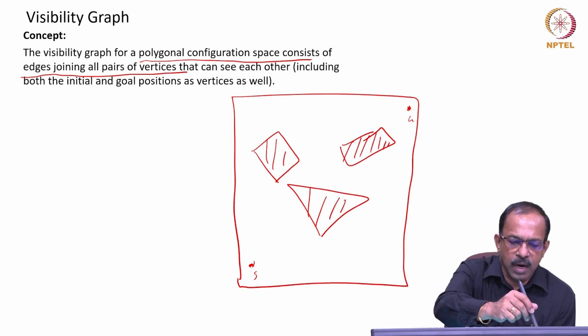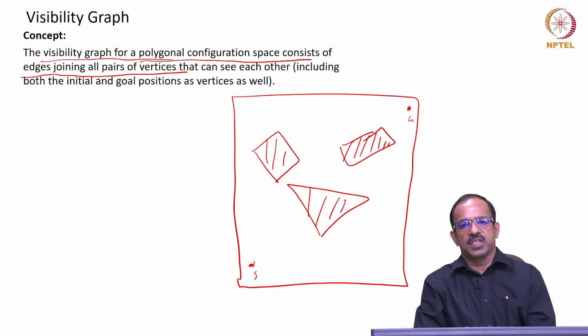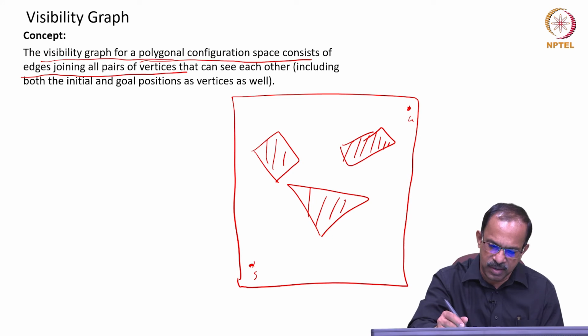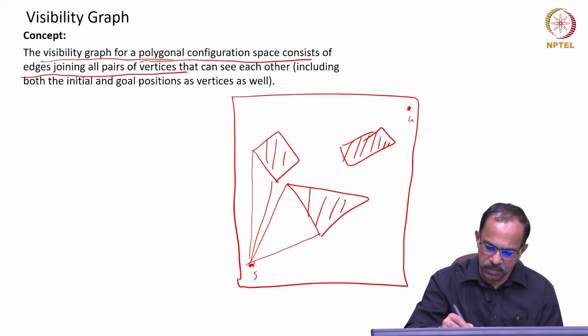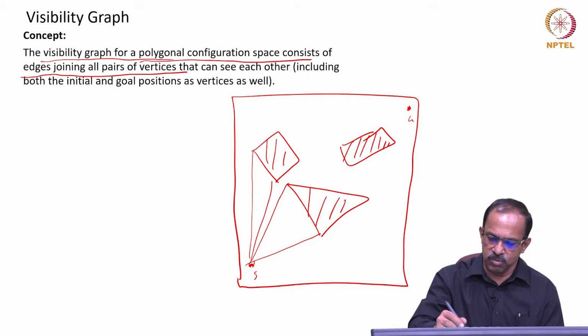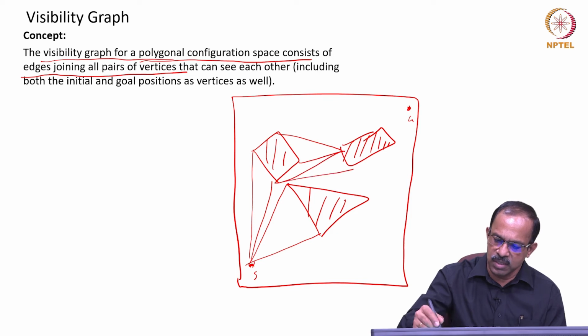It will connect using edges all pairs of vertices that can see each other. So now this can see this vertex, so I connect using the edges. I can see all these from here, so I'll connect it. Then this can see here, it can see here, it can see this. Similarly, this can also see, this can see, this can see.